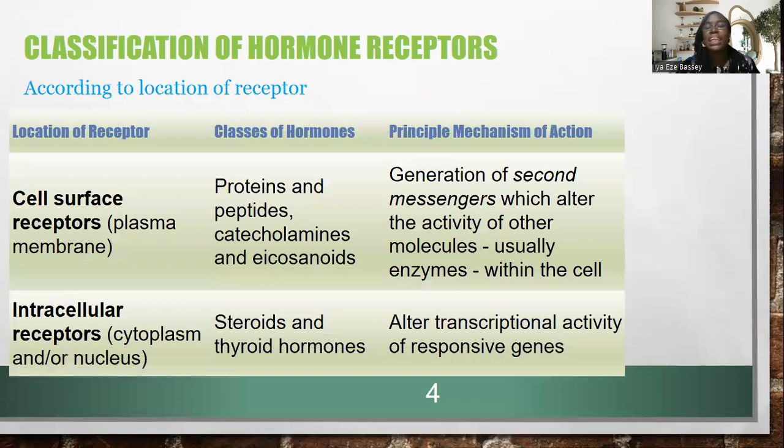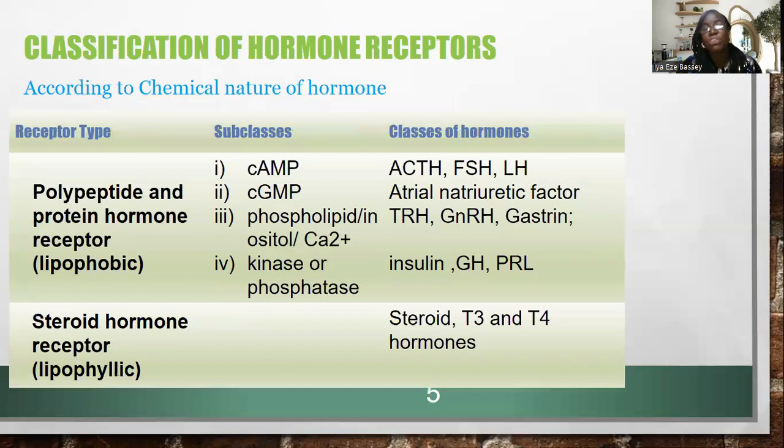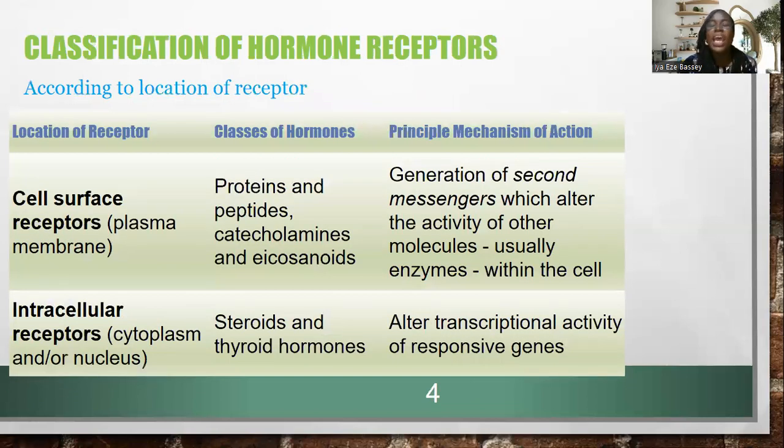So usually they are classified according to the location of the receptor or according to the chemical nature of the hormone. If we are looking at the classification of hormone receptors based on the location of the receptor, we do have cell surface receptors and intracellular receptors.